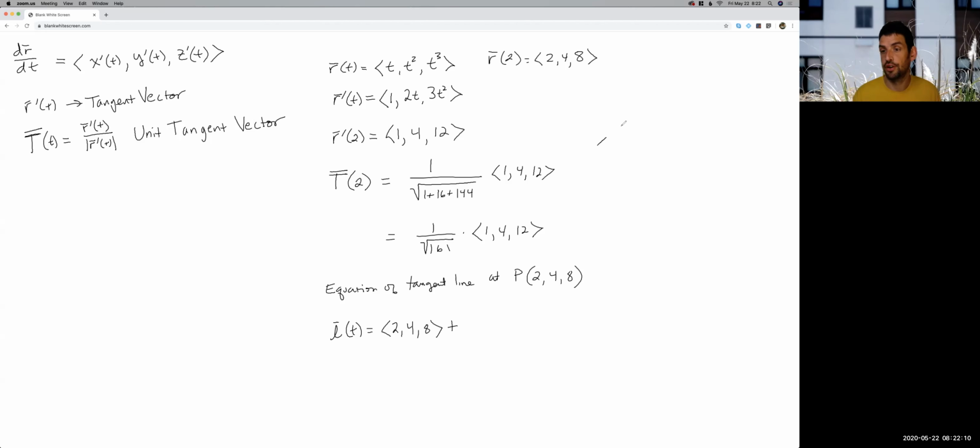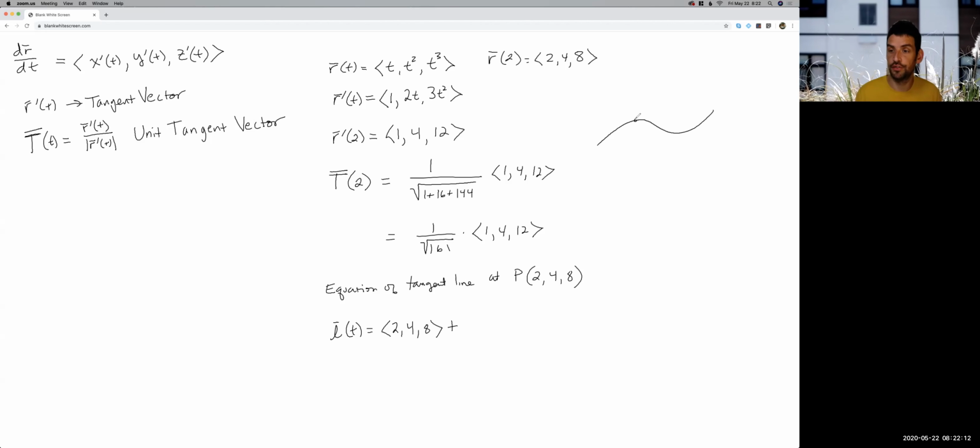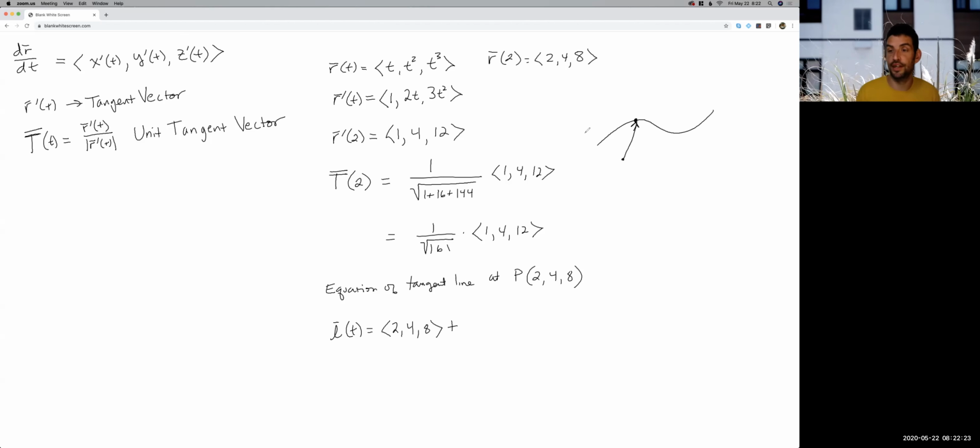So maybe there's our curve, there's the point we're at. Remember what I need for the vector equation of a line. I need a vector pointing at some point on the line, so my line's going to look like this. And then I just need a scaled version of a vector in the right direction.